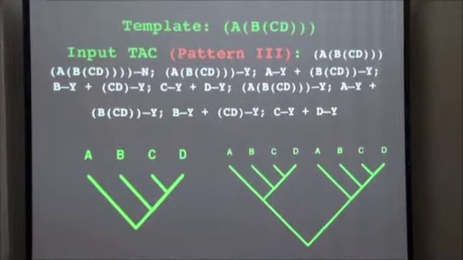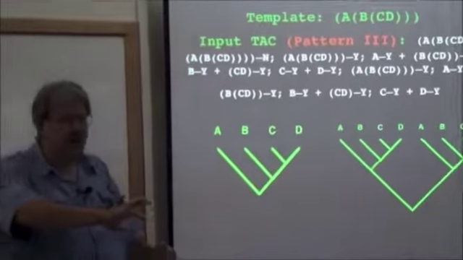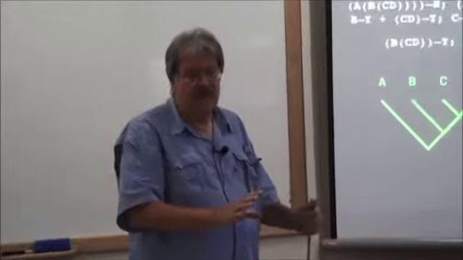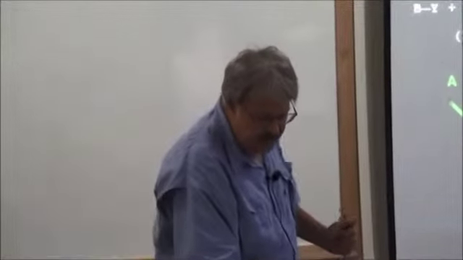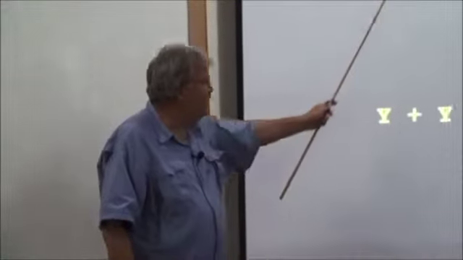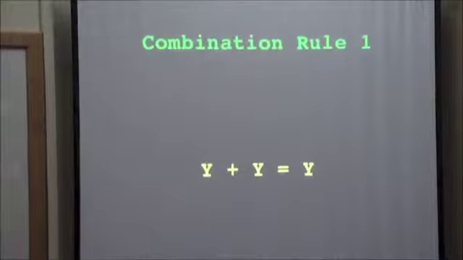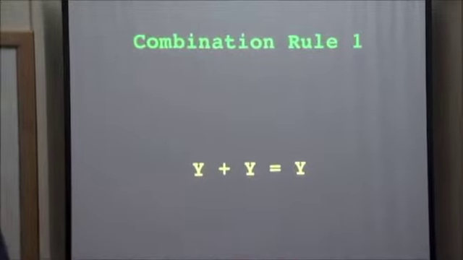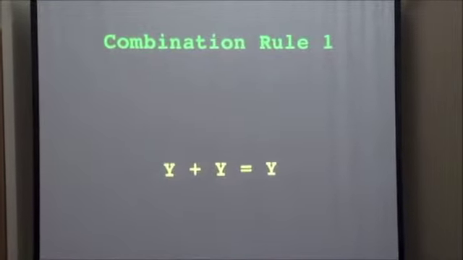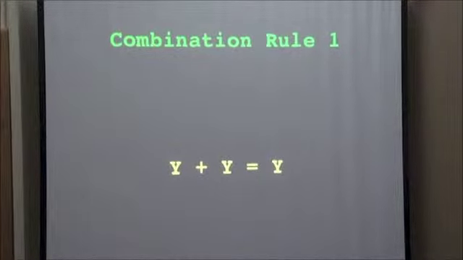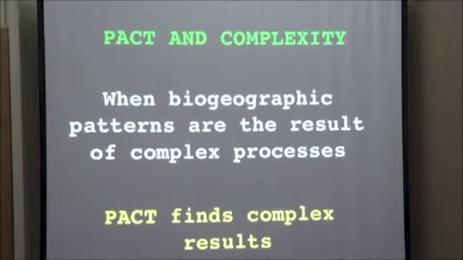These are simple processes, and as long as your data set only includes these kinds of phenomena, it doesn't matter what kind of method you use, you will always get the same answer. And that's basically what we call in PACT combination rule 1. Anything that looks the same is the same. In other words, if you can combine things without changing your template, then you just combine them.